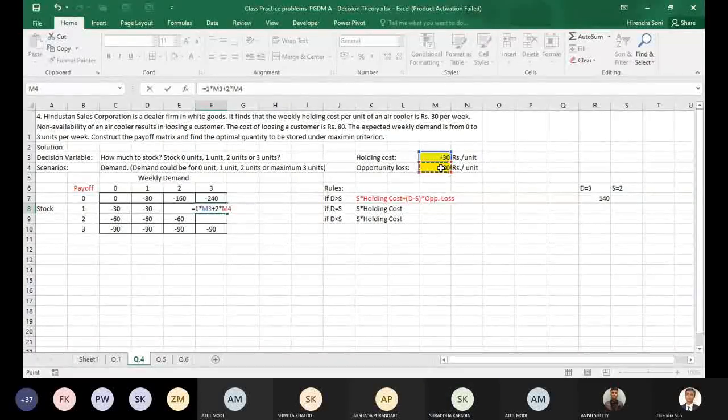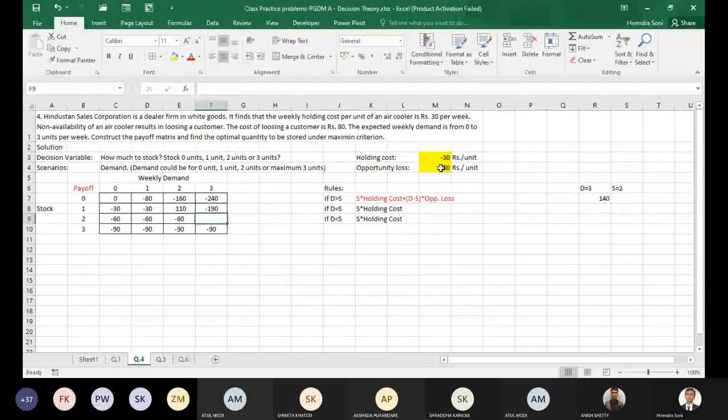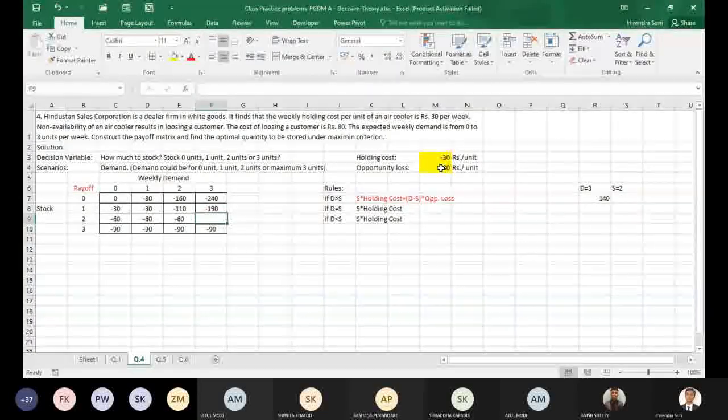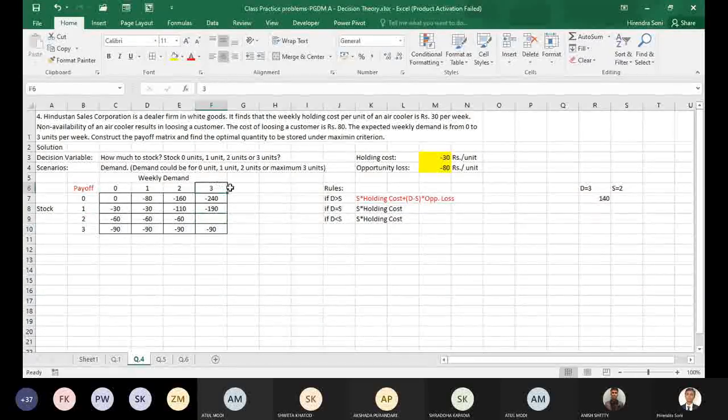What about this one? 2 units are in stock and you have got 3 customers. So अभी आपको इधर पर कितना यूनिट्स का होल्डिंग कॉस्ट लगेगा और कितना यूनिट्स का अपॉर्चुनिटी लॉस कॉस्ट लगेगा?